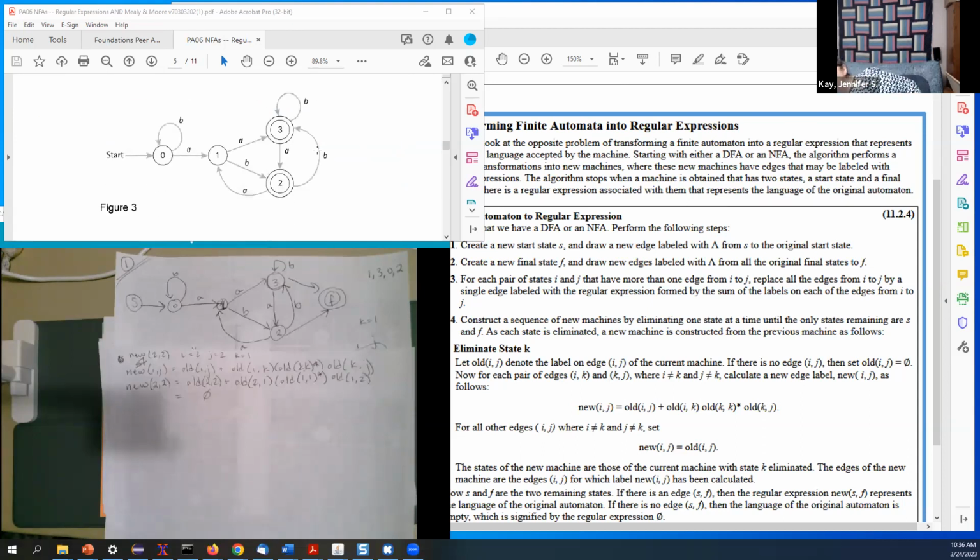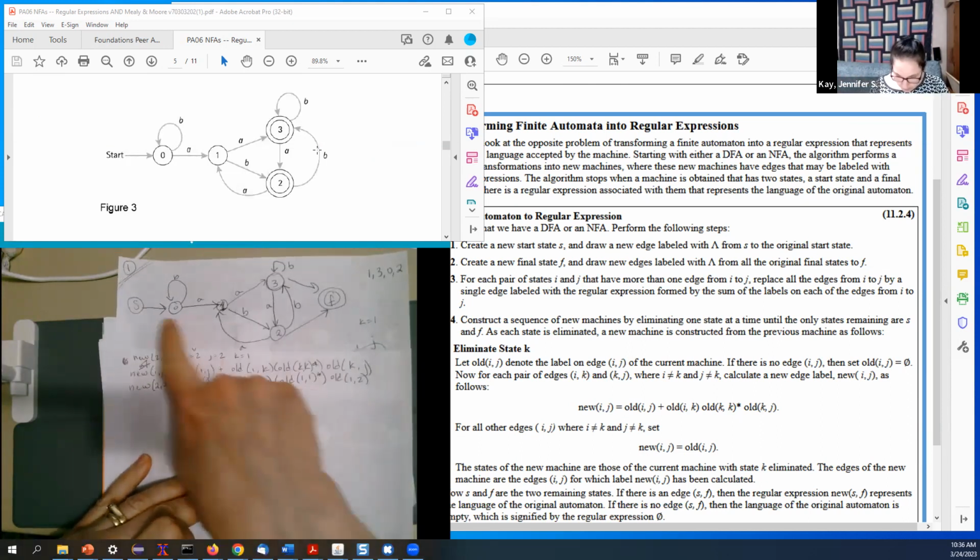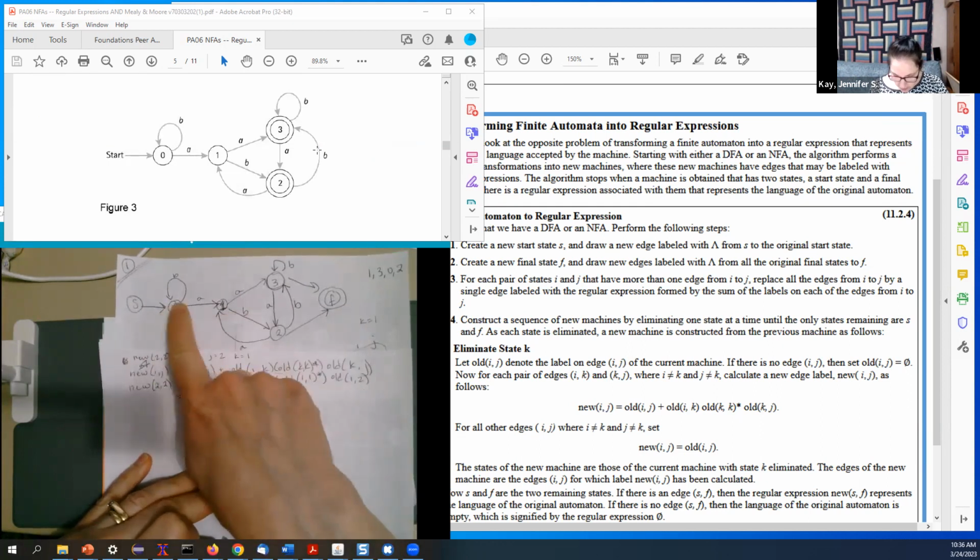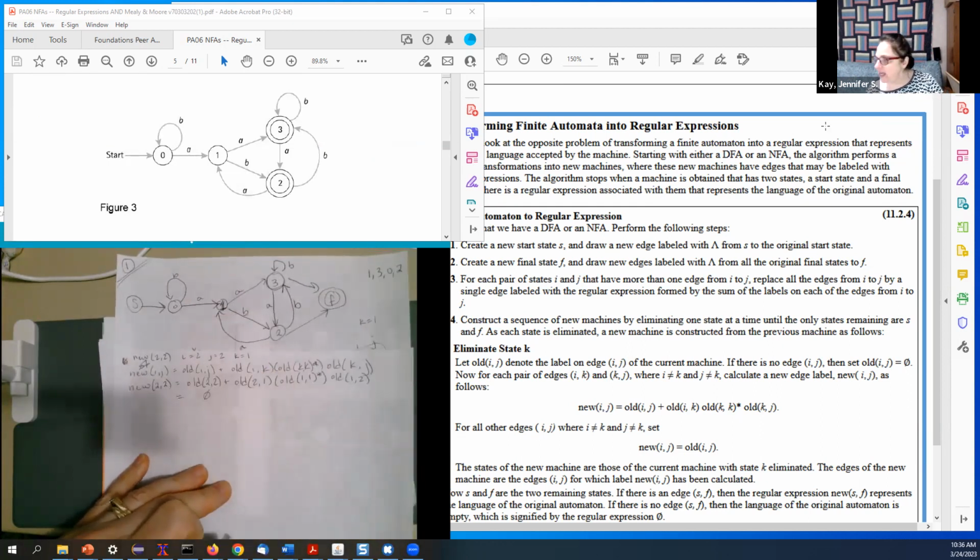I already did this S at the start, the F at the end. So that's step 1 and 2. And I did step 3.